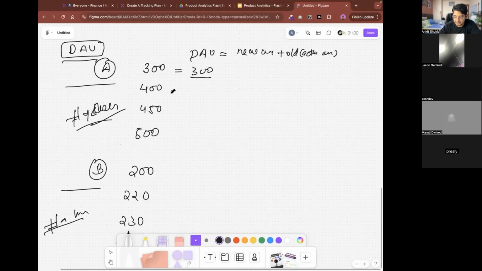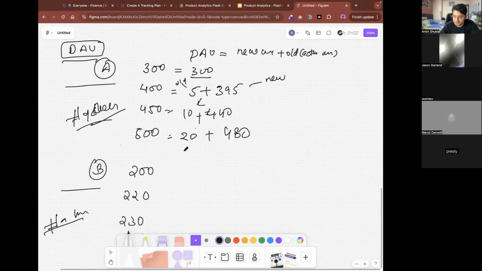Tomorrow, out of the 300 people, only 5 are coming back and they are acquiring 395 new people. Out of these 400 people, maybe 10 come back the next day and they are again acquiring 440 more. Then 20 come back from 450, plus they are acquiring 480 users.